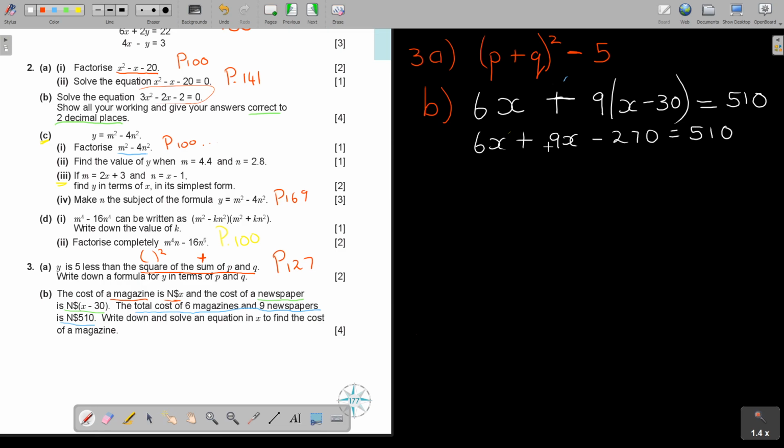And then I'm going to say that 9 times it's going to be 270 equals 510. And then I'm just going to get 15x, and it's 510. I add that to 270, and that's 15x equal, oh, let's just get it correct, 780, and then I divide by 15.